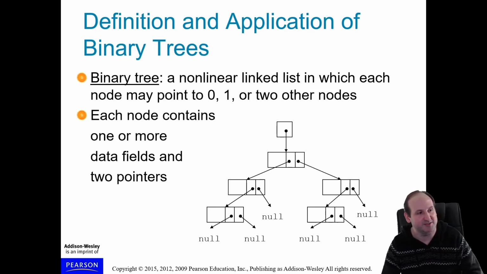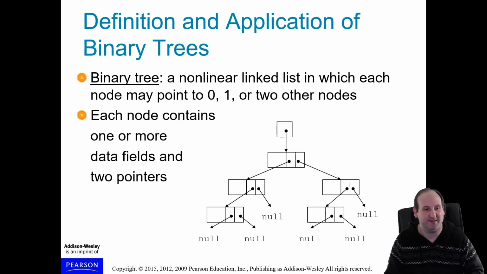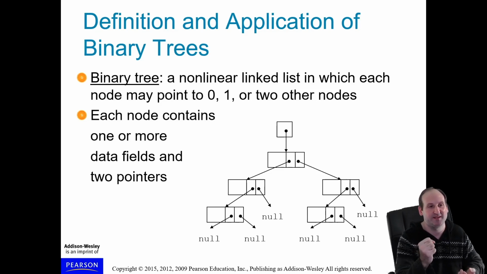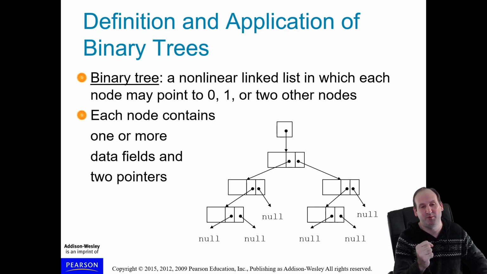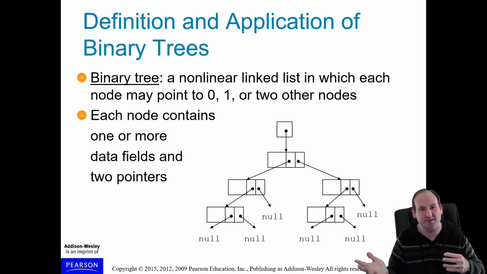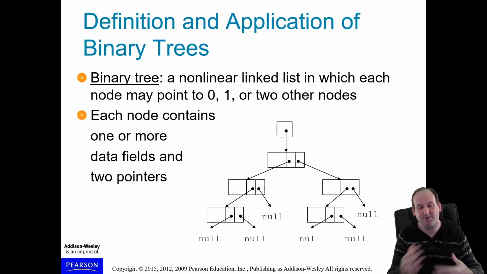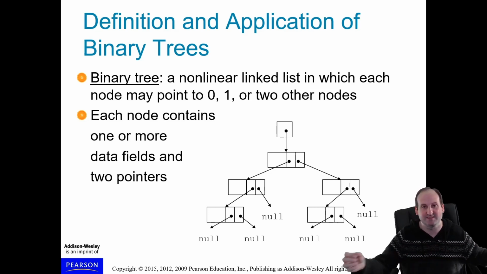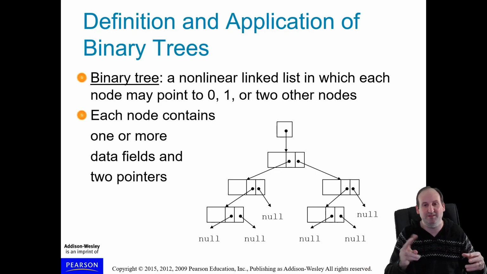So a binary tree is a nonlinear linked list, as I just described, in which a particular node can point to 0, 1, or 2 other nodes. Coming back to the linked list idea, if we only had a size 1 list, that one node pointed to 0 other nodes because there was no previous node and no next node. Otherwise, if you had a longer list, all the nodes in the middle would point to 2, the previous one and the one in the future.